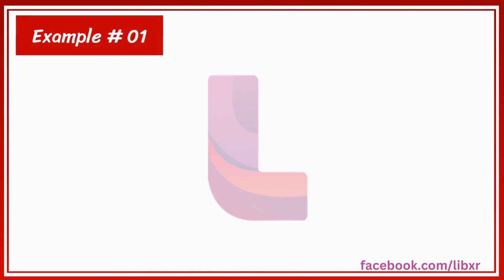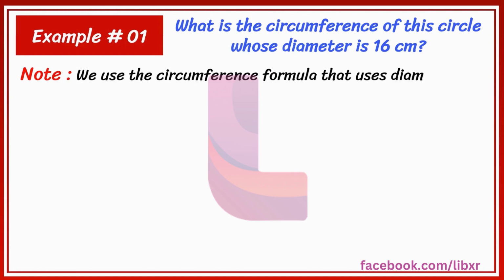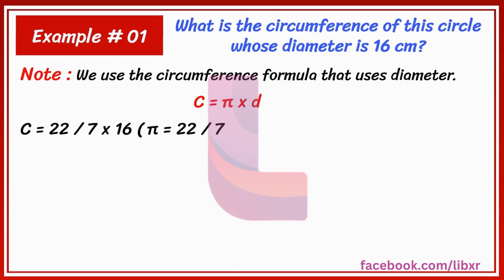Example 1. What is the circumference of this circle whose diameter is 16 cm? Since here diameter is known, we use the circumference formula that uses diameter. C is equal to pi multiplied by d. C is equal to 22 divided by 7 multiplied by 16, as pi is equal to 22 divided by 7 and d is equal to 16 cm.